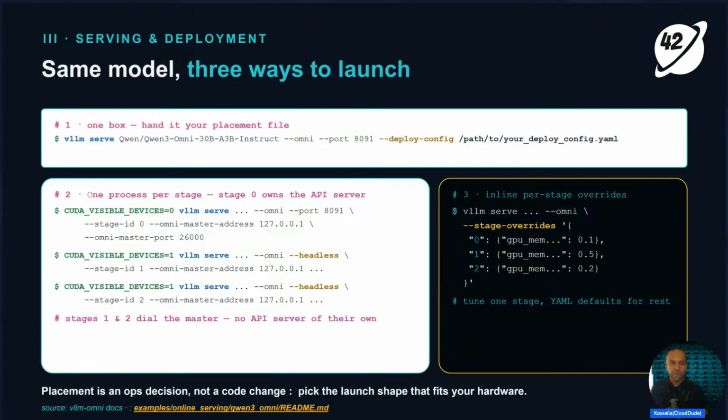Or in the second example, you can spread your stages on different processes or machines, right? So with one process per stage. Here, for example, you've got stage 0 that will own the API server using the Omni master address tag. All the other stages would just call the master as the orchestrator, right?